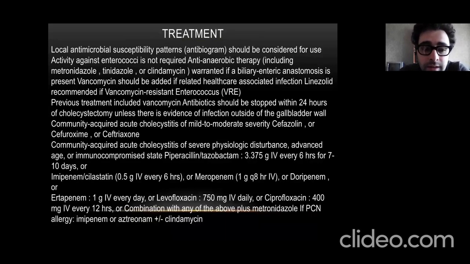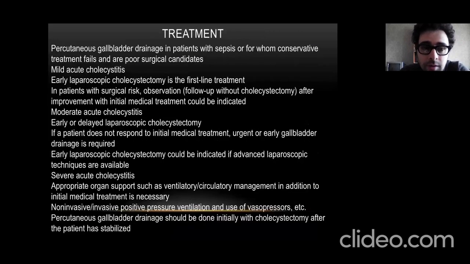Treatment: infectious disease, antibiotic therapy. If you cannot make laparoscopic cholecystectomy, for example, the patient is very old, the patient has a very big risk, you should always make drainage of the gallbladder. The best is percutaneous gallbladder drainage in patients with sepsis or very old or with high risks, poor surgical candidates. And if it is mild acute cholecystitis, you should make laparoscopic cholecystectomy first line.